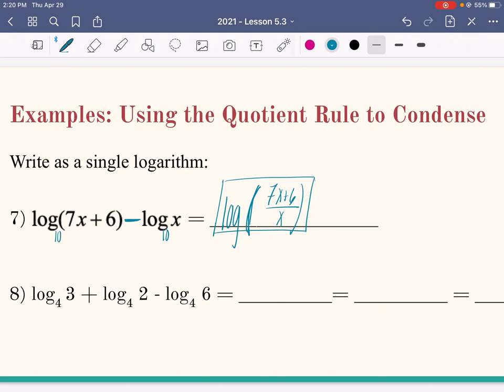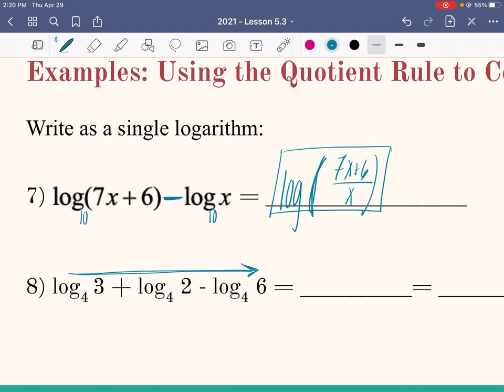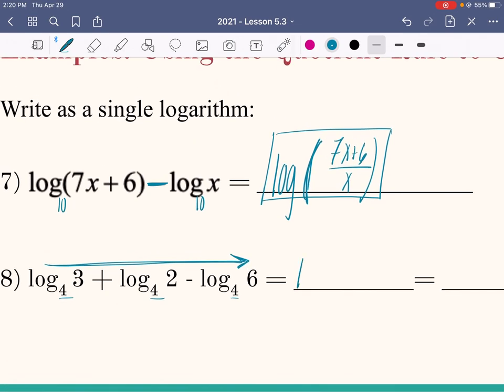Okay, and then here we're going to combine these using a couple different rules. Whenever we have multiple logarithmic expressions we're combining, we work our way left to right, just like you'd read a book. So first, let's combine the first two, double check we've got all the same bases, we do. So this becomes log base 4 of 3 times 2, and 3 times 2 is just 6, minus log base 4 of 6.